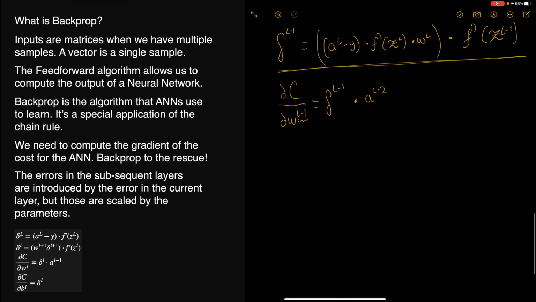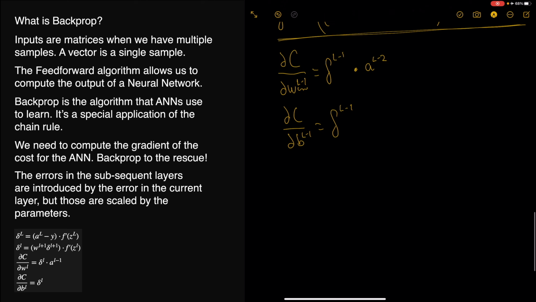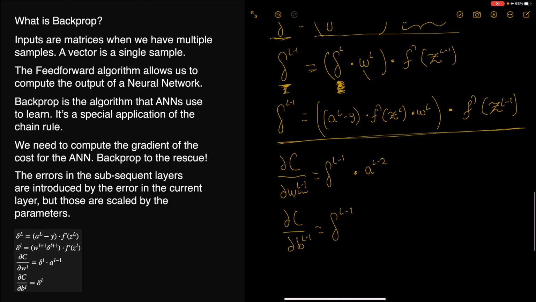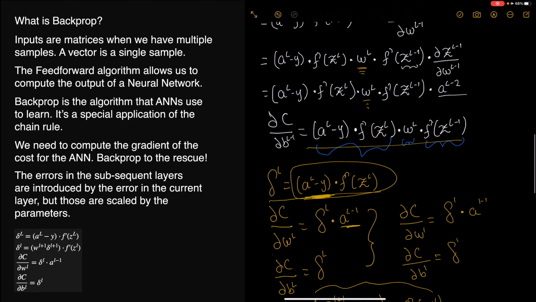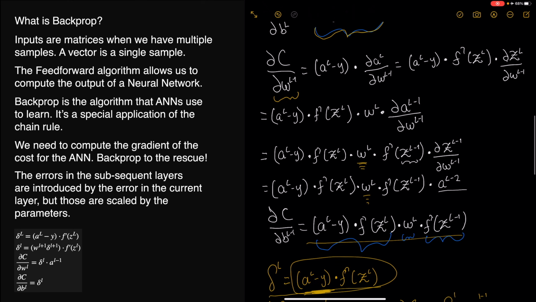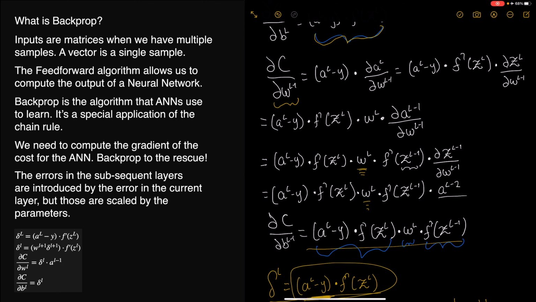And we can also compute the partial derivative of the cost with respect to BL minus 1, which is just this, right? And if we expand this, which I will not do, I hope you can see that that's the case. If you expand it yourself, you can see that that is going to be the exact same thing that we have here.